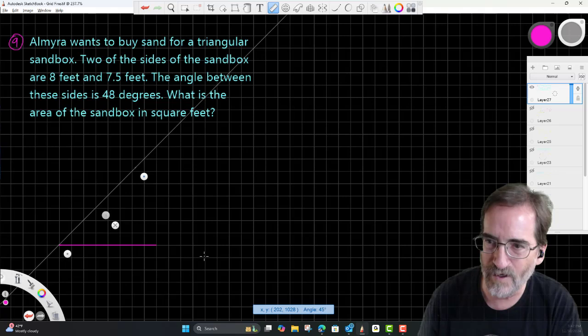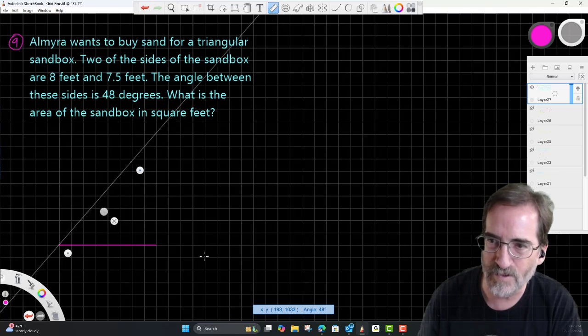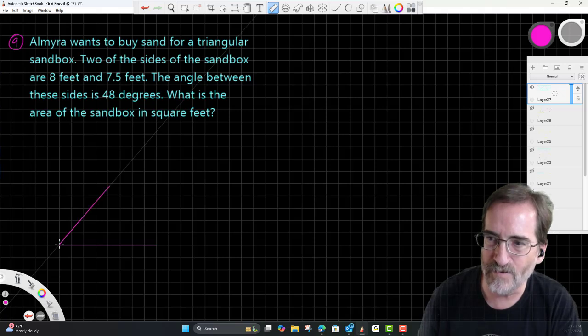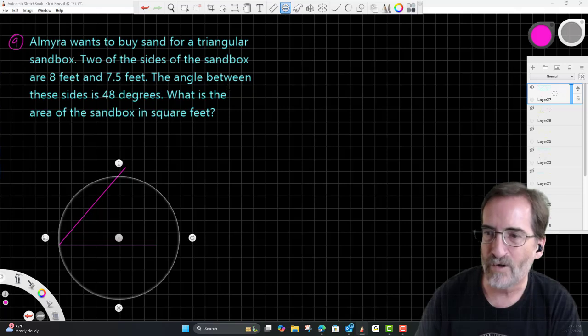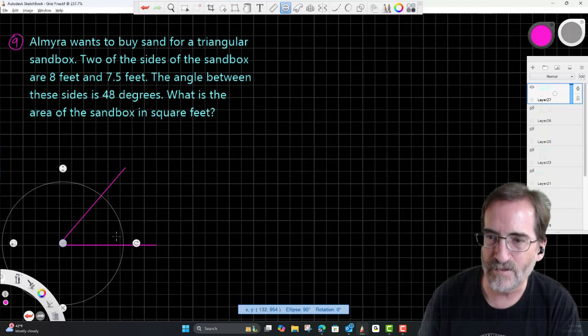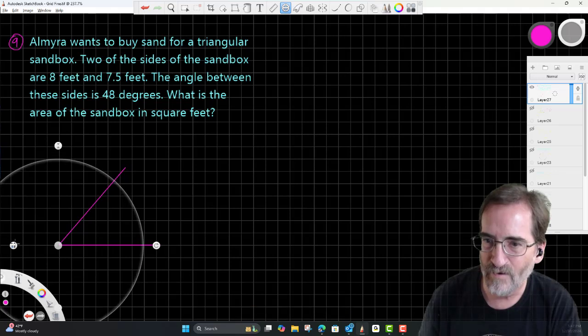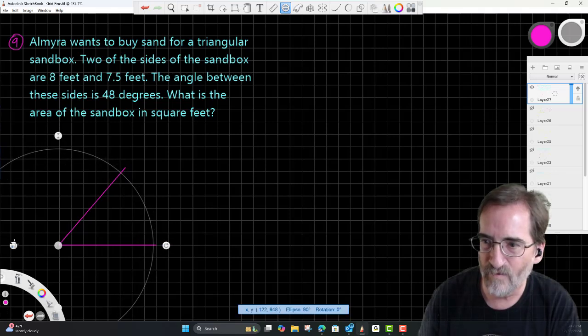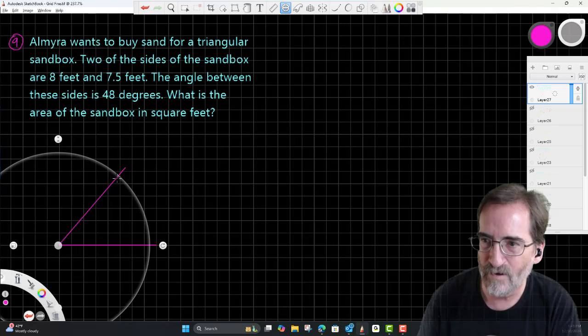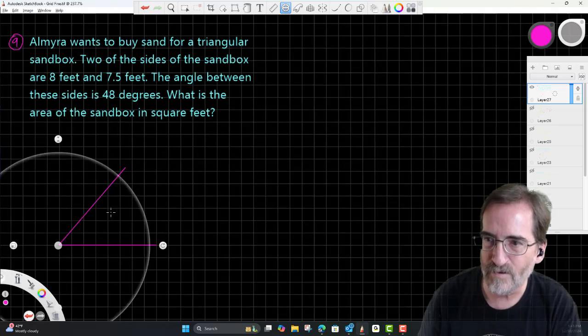Here's 45 degrees; 48 would be something like this. This side is only 7.5 feet long, so let's grab our compass and set it to about 7.5. Right about here. So cut it off right there.